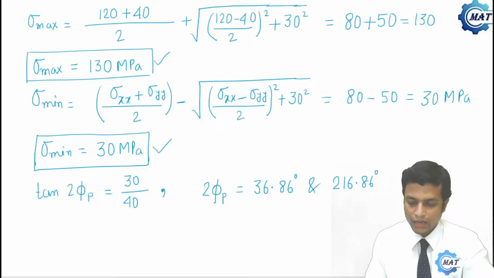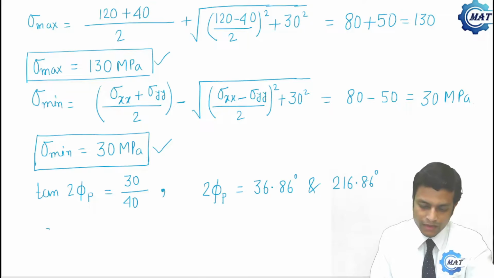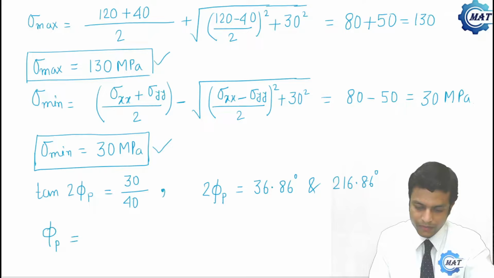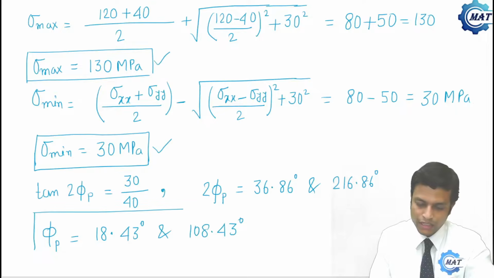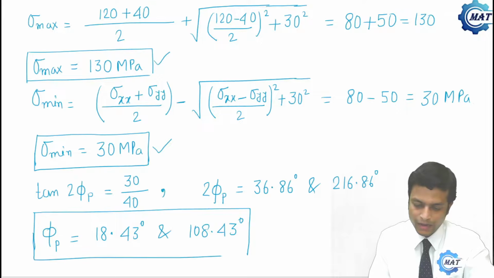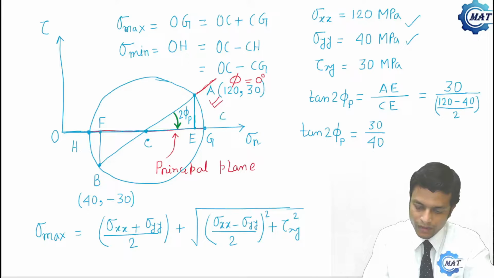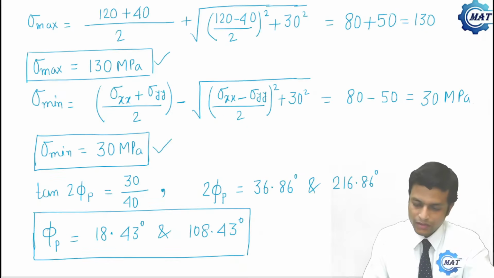This is one, another one is 180 degree plus 36.86 degree. That is phi p. Phi p becomes 18.43 degree and 108.43 degree. So this is the orientation of principal plane, and this is in the clockwise direction, so rotation is negative.